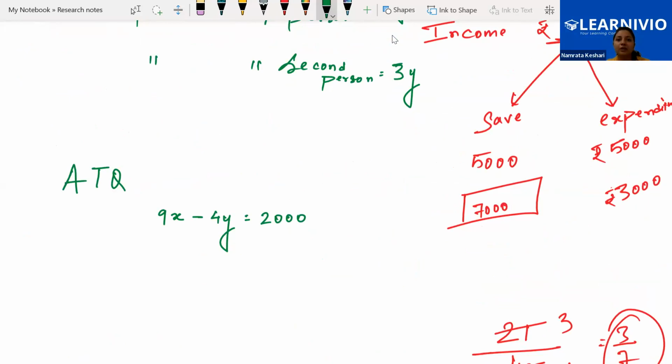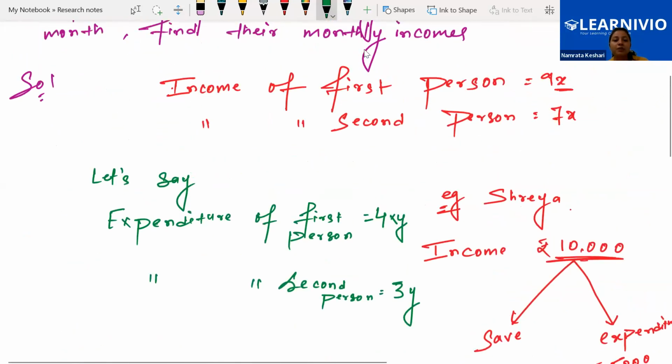We need a pair of equations, so one more equation is needed over here. Let's frame it. Can you tell me what will be the next equation? So next, 7x minus 3y equals 2000. Perfect.